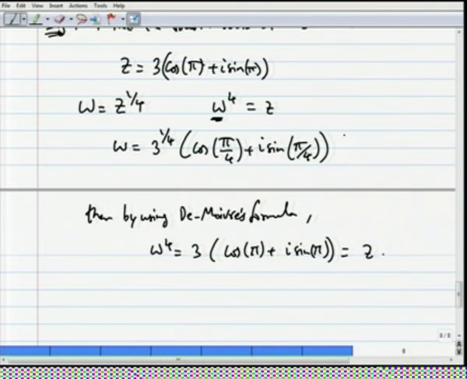So, definitely this value of w will work, but is this all?